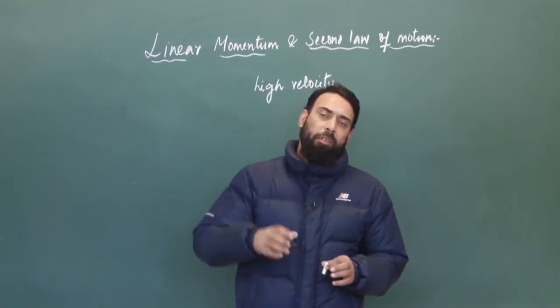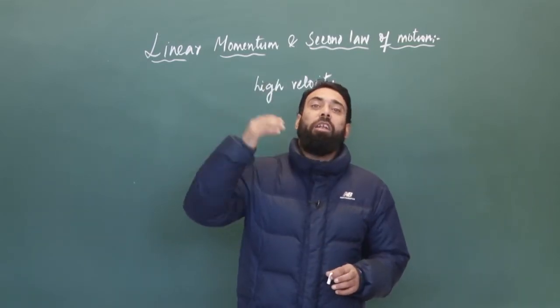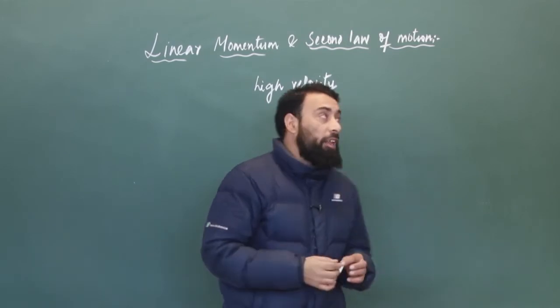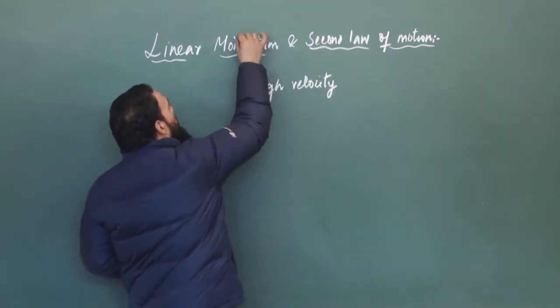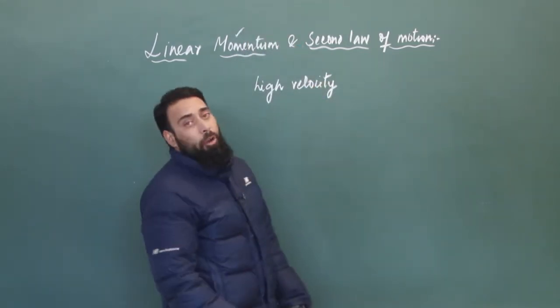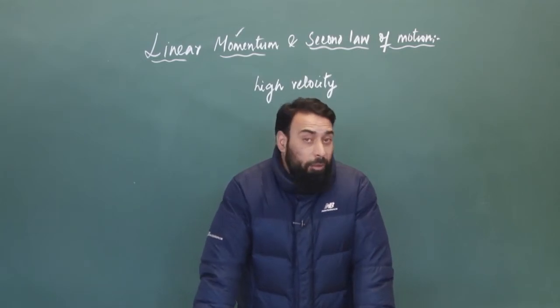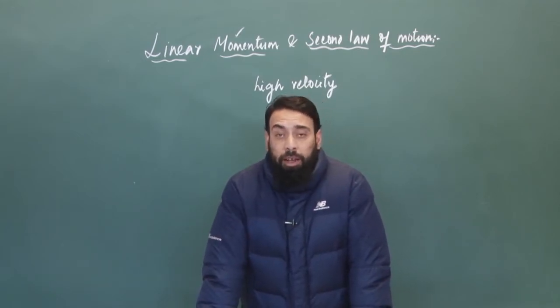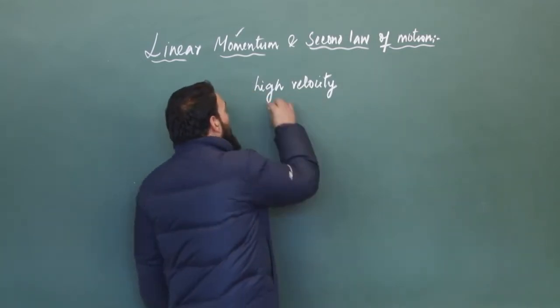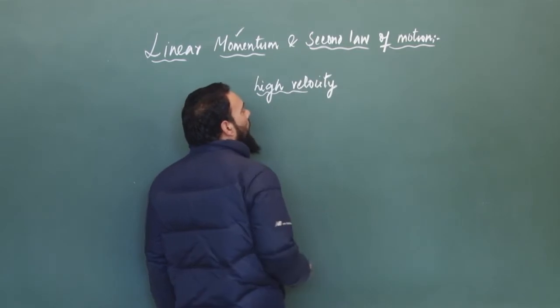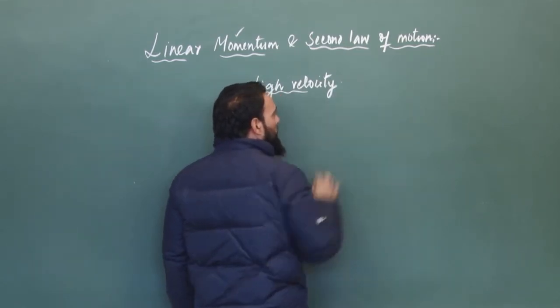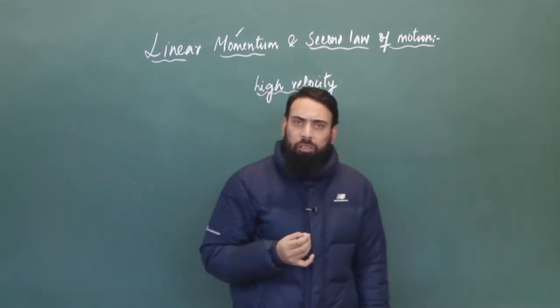For example, this bullet has a quantity of motion. That quantity of motion we call momentum. And the momentum of that bullet is decided by the high velocity, or rather simply we can say velocity.